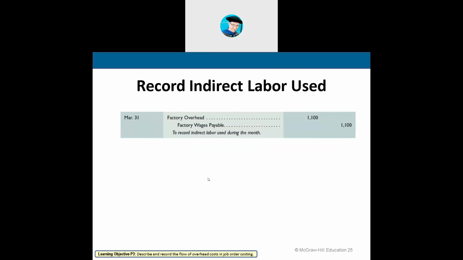To record indirect labor that we used, we debit factory overhead to increase overhead, and we credit factory wages payable to show the indirect labor that we used for the month.